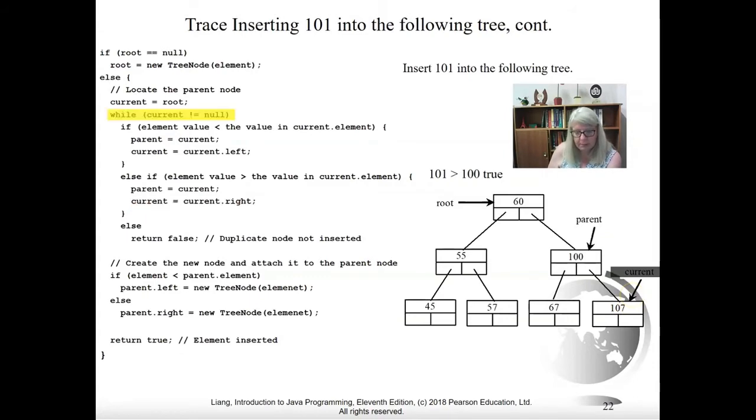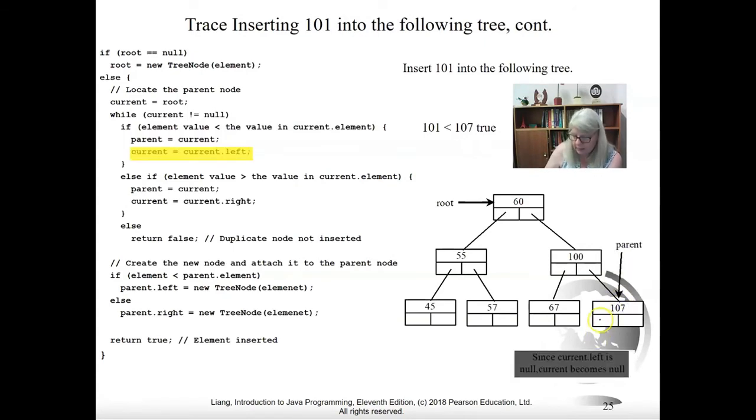Current is not null. Is 101 smaller than 107? Yes, it is. So parent becomes current, and current becomes null. Current is now null, and parent is this 107. And now back to the while, and now current is null. So now I'll continue here.